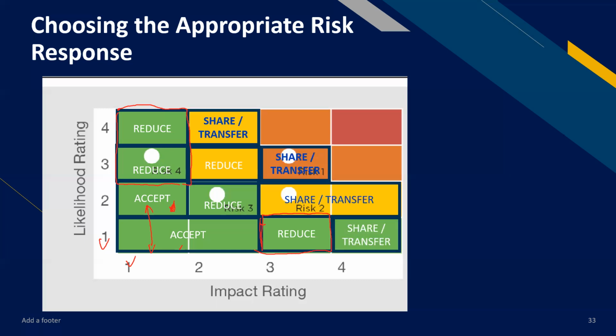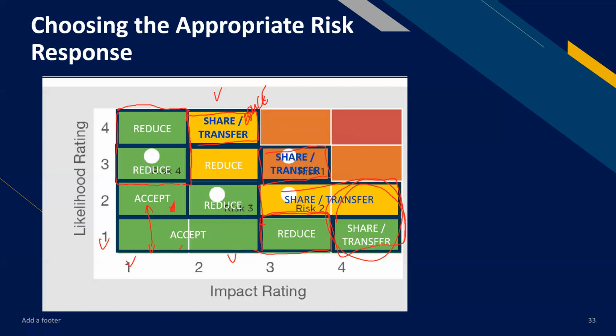Yung share and transfer, probably that is more appropriate for more severe risks, no? That have a higher impact even though the probability is low, just like fire, okay? And for those who have a high probability but the impact is moderate, okay? Of course, you can still reduce. It doesn't mean na hindi na pwedeng gamitin yung iba, ha? Pag nandun siya sa risk box na yon.